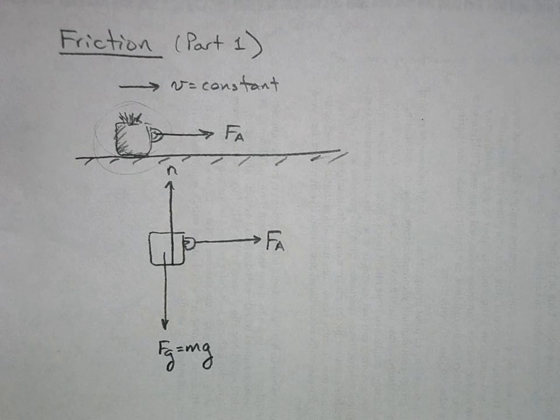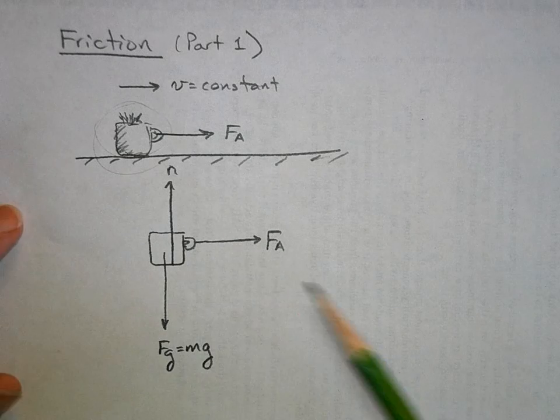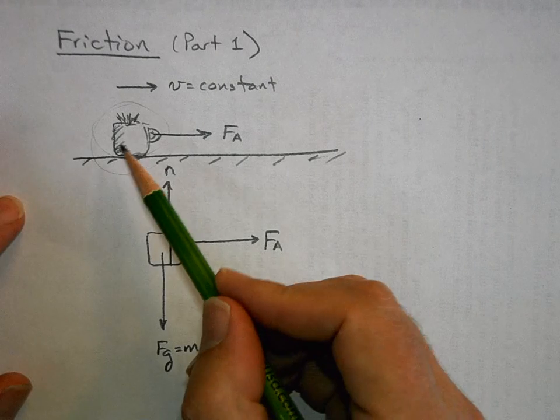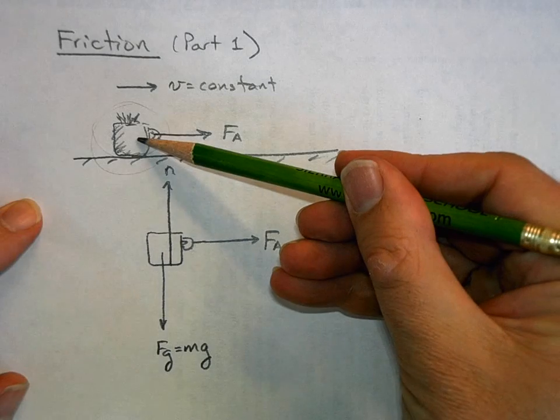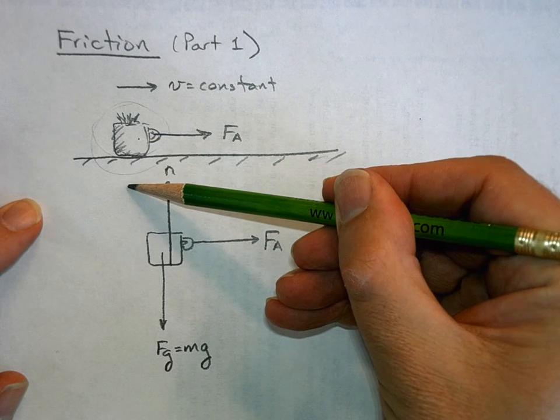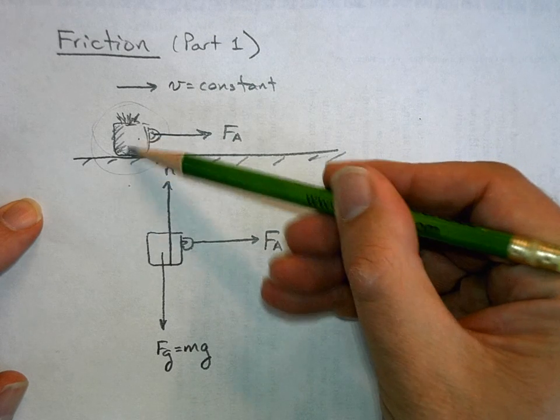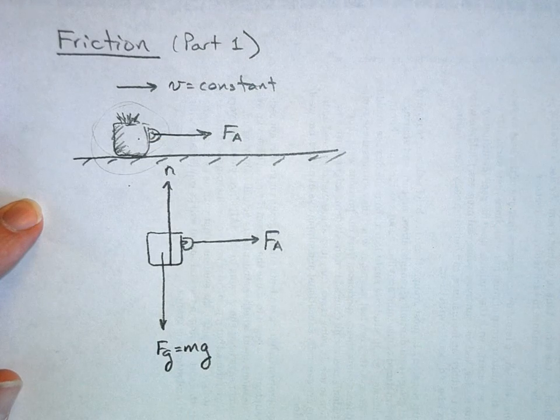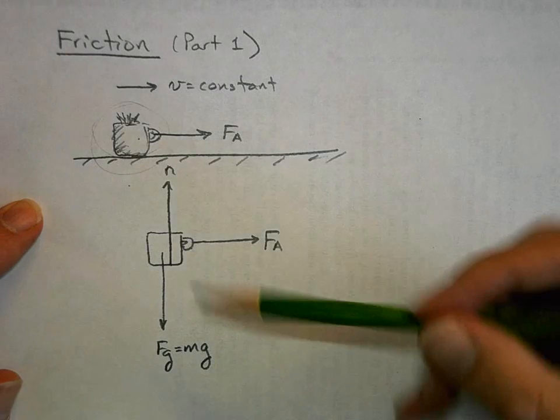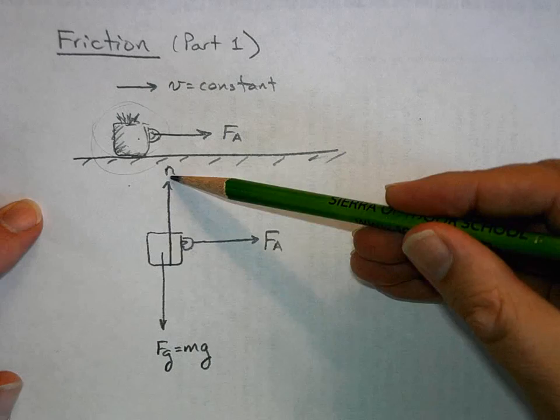Now, what I've got now, though, is a force of friction. There is an interaction between the coffee mug and the table. Part of that interaction is the normal force.